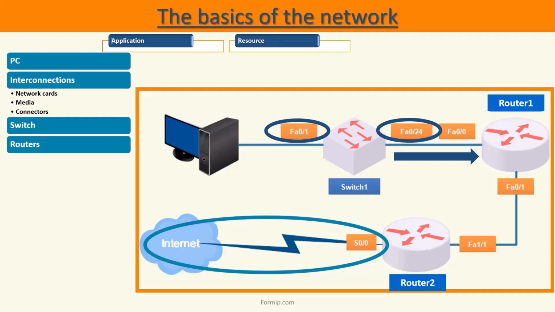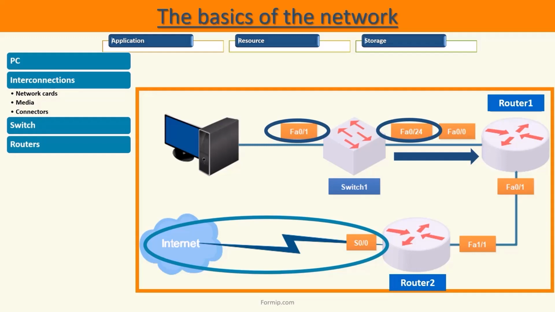We use networks on a daily basis, including for applications, like sending data between computers, browsing the web, or sharing files. Resources, like shared printers or home security cameras. Storage, for example, an NAS, Network Attached Storage Device, which is a hard drive that's made available on its network or through the internet.